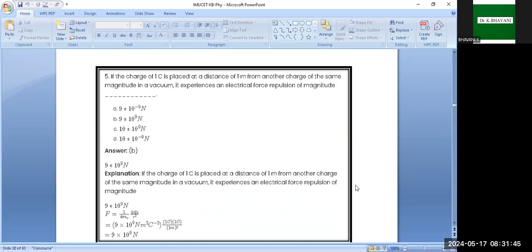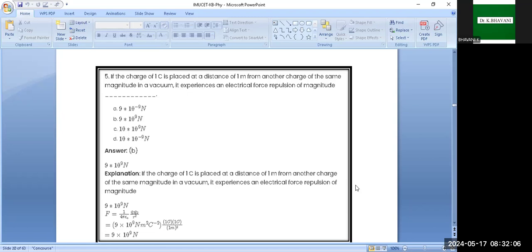And next, this is also a numerical based on magnitude: 1 coulomb of charge placed at a distance of 1 meter from another charge of the same magnitude. So we can go for the answers.